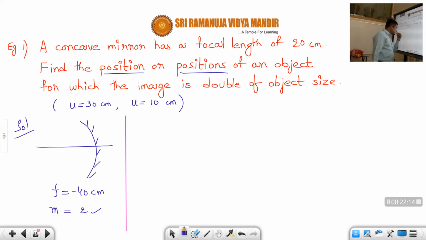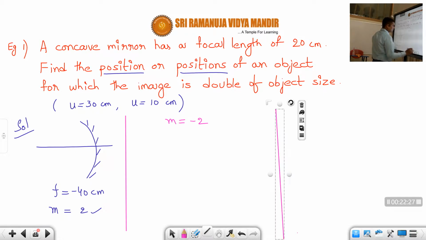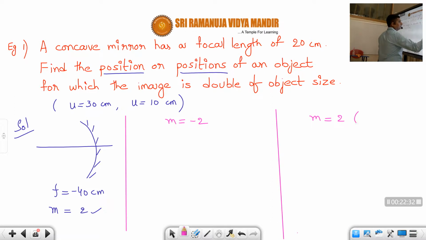Therefore here we have to take the magnification either +2 or -2. So m is equal to -2 I am taking, and the next case is m equal to 2. This is the virtual image and this is the real image.